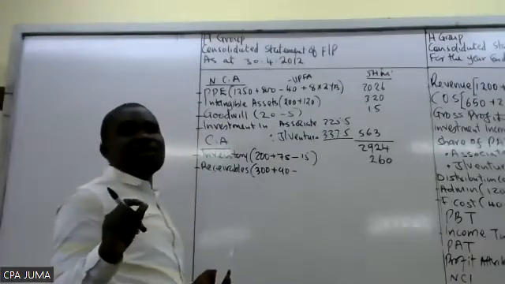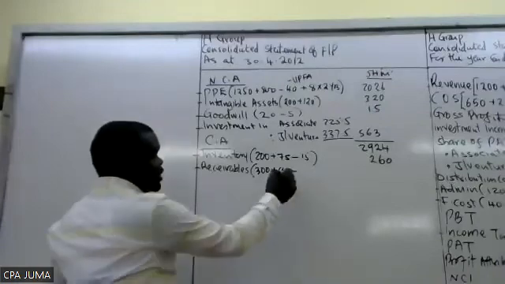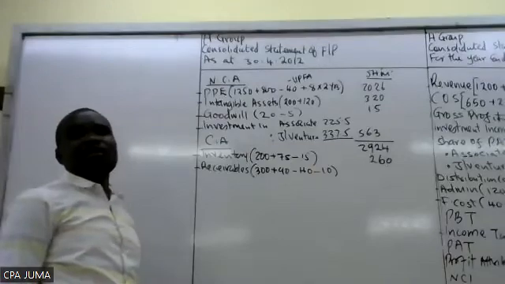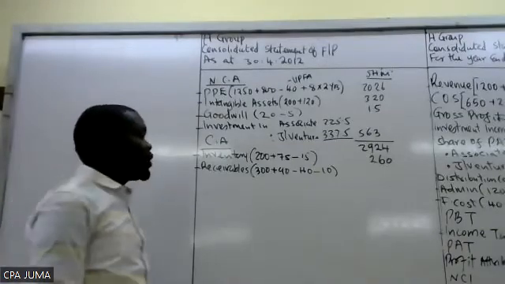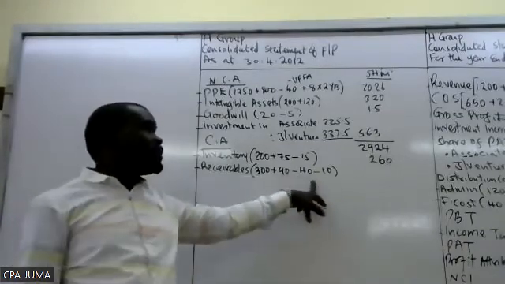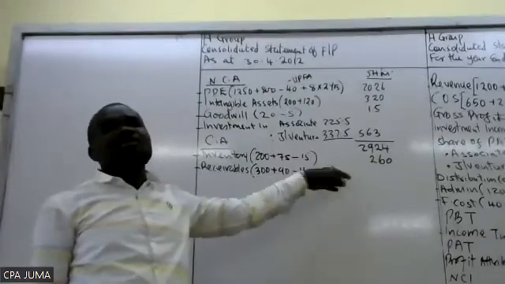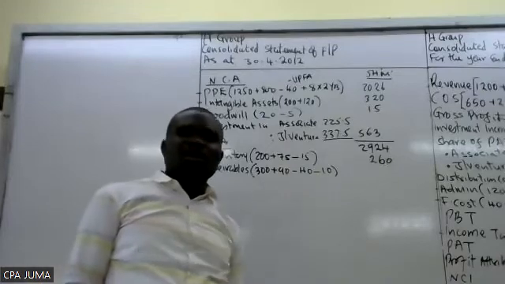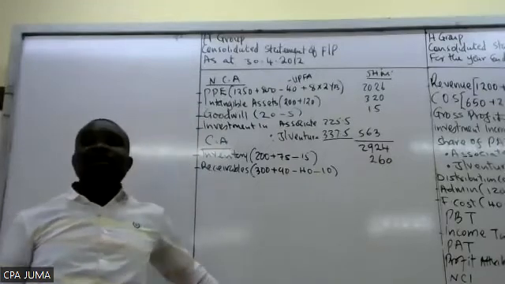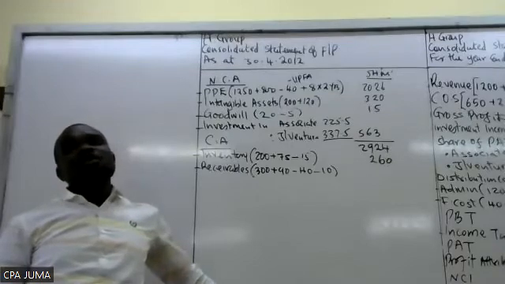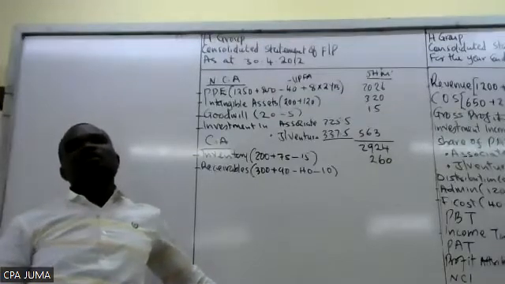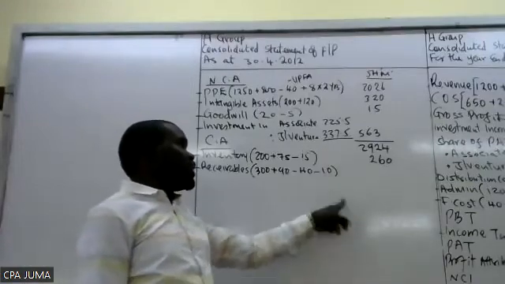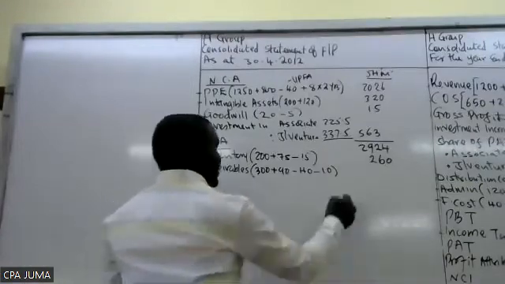Remember the intergroup debts we said was 40, but there was cash in transit of 10. The check was written. So this is the intergroup debts, and this is cash in transit. You still subtract from receivables because they have already been paid. The intergroup debt was 50, but the other side said 40 because they had sent a check of 10. So the correct balance is 40, but there is cash in transit of 10. So that is 390 minus that, 340.